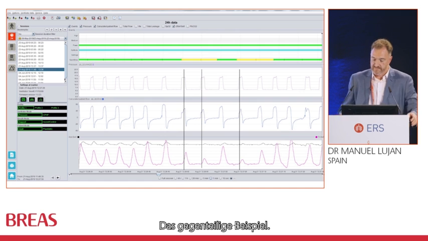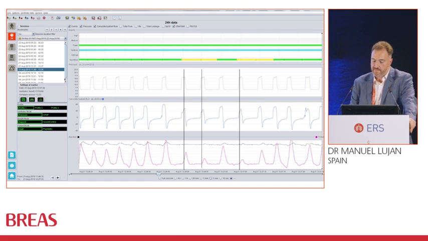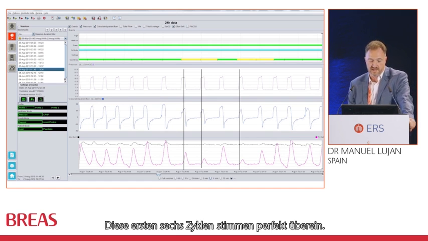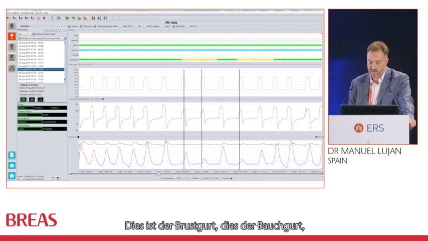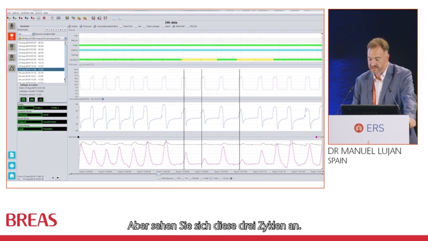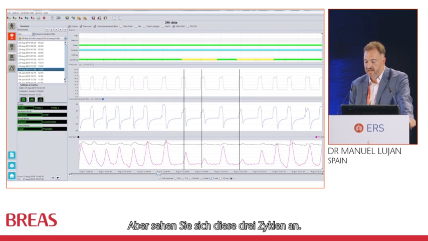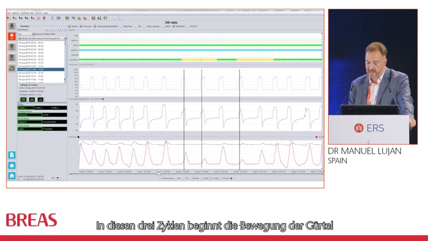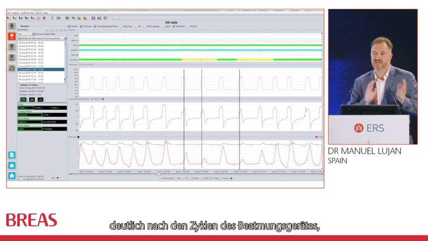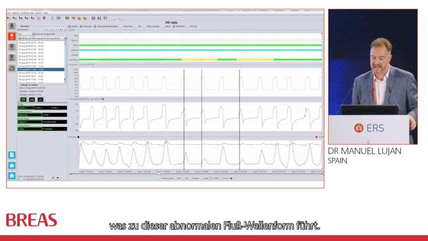Just the opposite example. These first 6 cycles are in perfect agreement. This is the thoracic belt, the abdominal belt, and the thoracic belt, with the onset corresponding to the cycles of the ventilator. But look at these 3 cycles. In these 3 cycles, the onset of the displacement of the belts is clearly after the ventilator cycles, leading to this abnormal flow waveform.